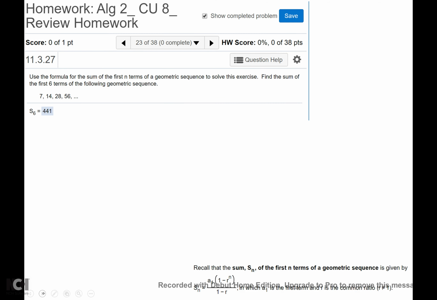Alright, so use the formula for the sum of the first n terms of a geometric sequence to solve this exercise. They want the sum of the first 6 terms. So my formula, S sub 6, is going to be a sub 1, 1 minus r to the n, all over 1 minus r.